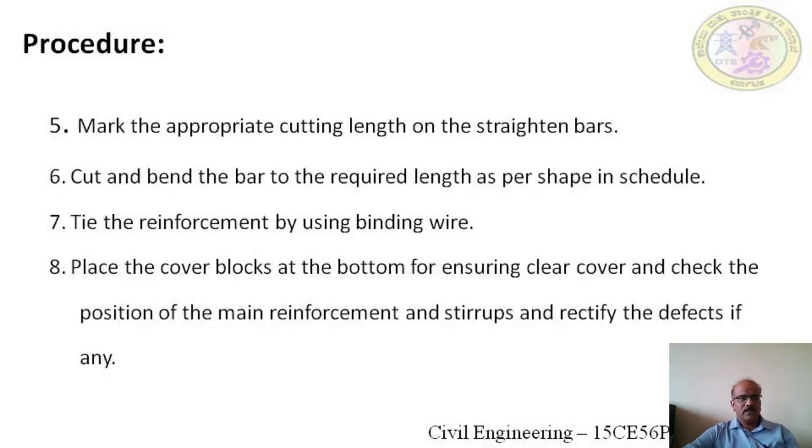Once you calculate the cutting length of each bar, then you have to mark the appropriate cutting length on the straight bars. You need to straighten the bars first, then on the straight bars we need to mark the cutting length using chalk piece, then cut and bend to the required length as per schedule, then tie the reinforcement using binding wire.